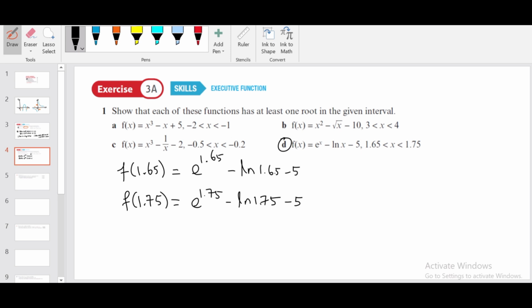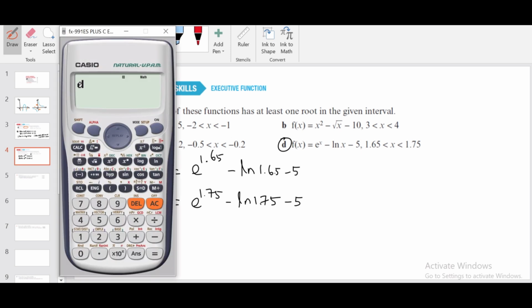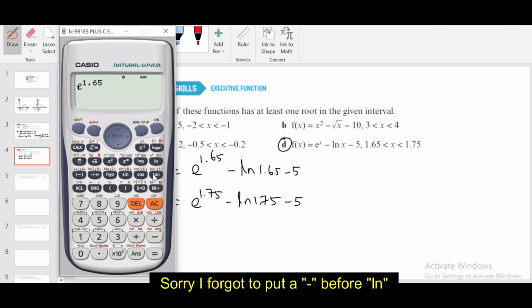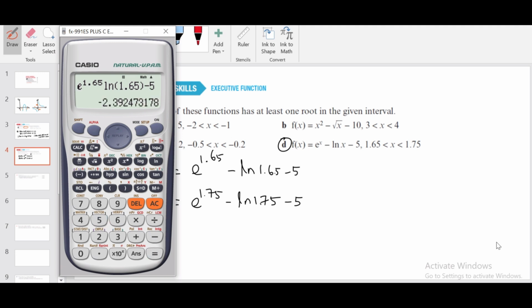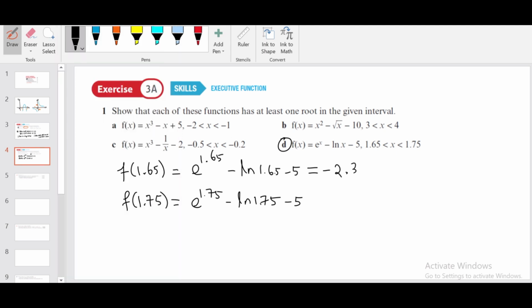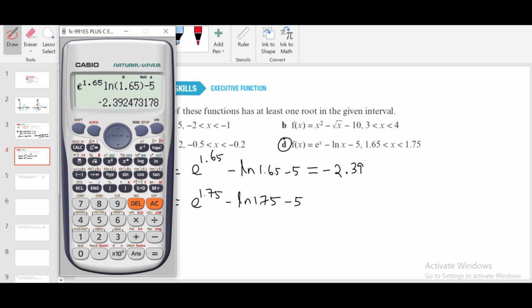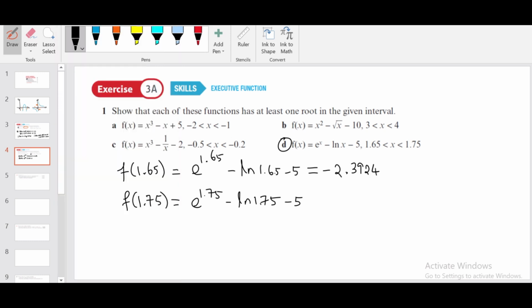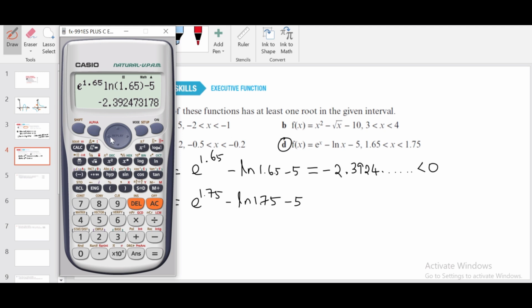Let's sub in these values in the calculator. e to the power 1.65 minus ln 1.65 minus 5. We get a negative number, minus 2.3924... You don't need to round it, okay? Just mention it is less than 0. I'm going to change 1.65 to 1.75 now.